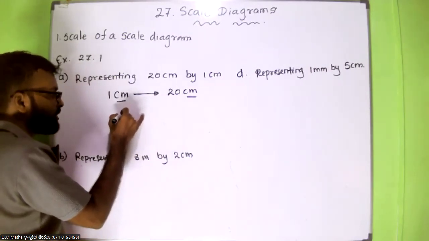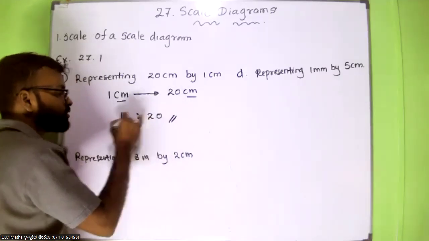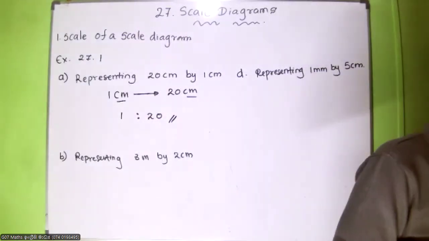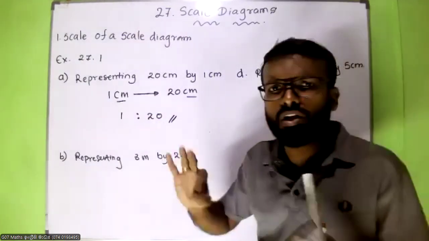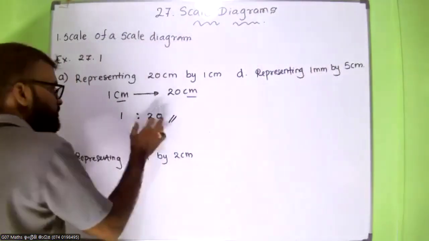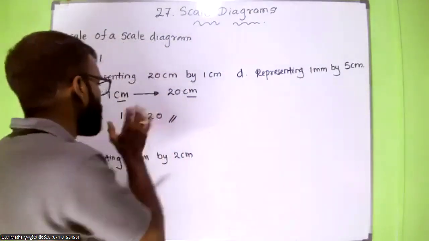Your ratio can be written as 1 to 20. So this should be your first answer. You cannot simplify this any further, so you have to keep your answer like this.